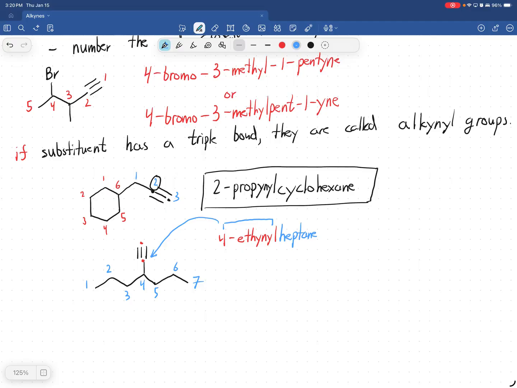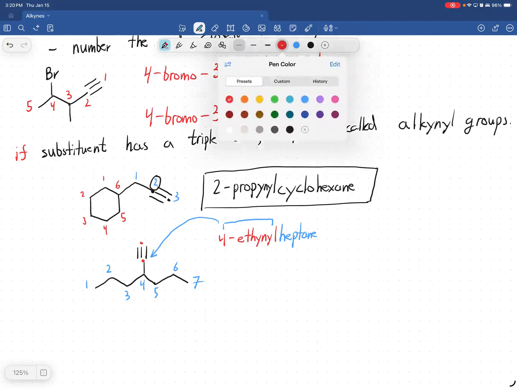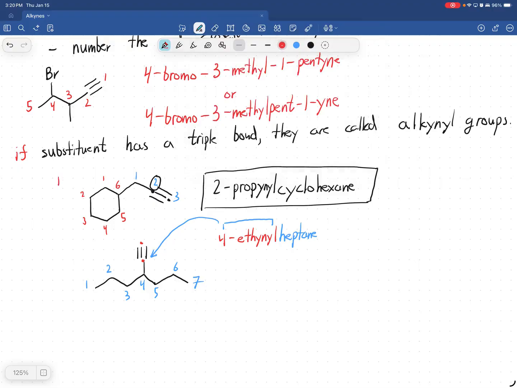You know what? Let me just run this back and double check this naming. I think I might read up on it a little bit more. If it's different, I'll let you guys know next time, because just looking at this name, I'm kind of second guessing myself.